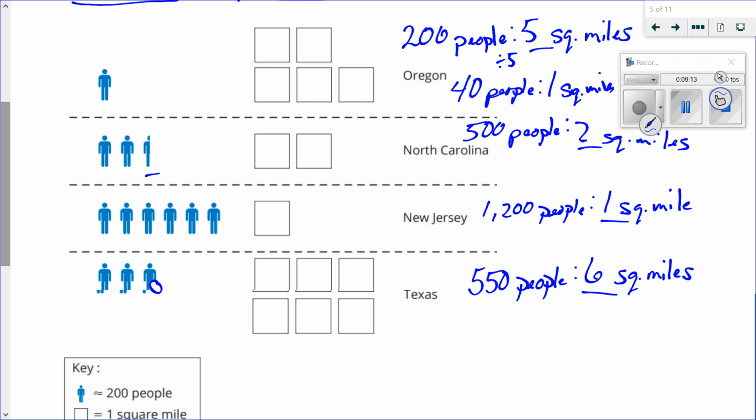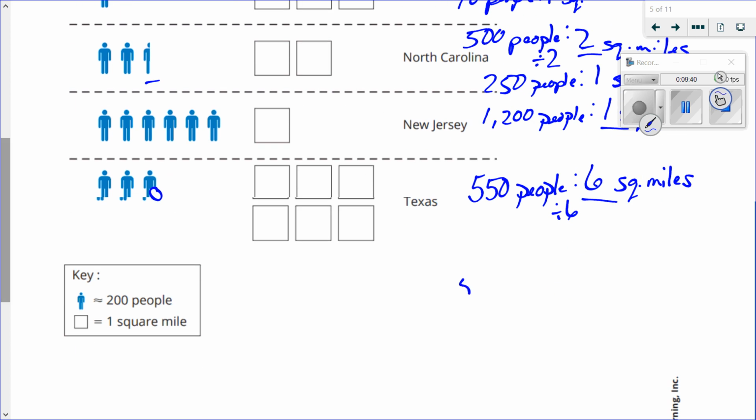If it's a 2, I'm going to divide by 2. So that's going to give me 250 people to 1 square mile. This one's already at 1, so I don't have to do anything to it. Then our last one is a 6, so I'm going to divide by 6. So that number doesn't work out quite as evenly, but I just do 550 divided by 6.